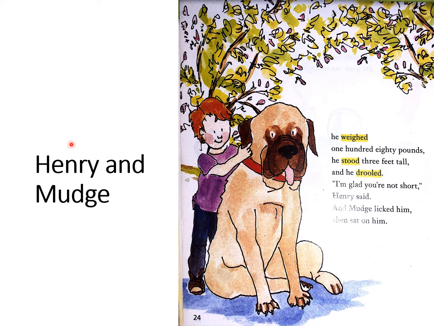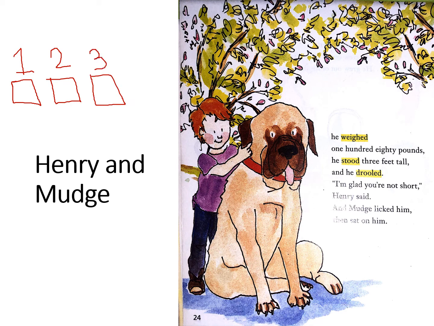And if you were to order this story in 3 events, from the first thing that happened to the second thing that happened, and then the last thing, let's see if I can write it here. The first thing that happened, the second thing that happened, and then the third thing that happened.